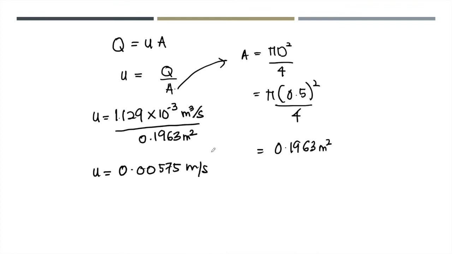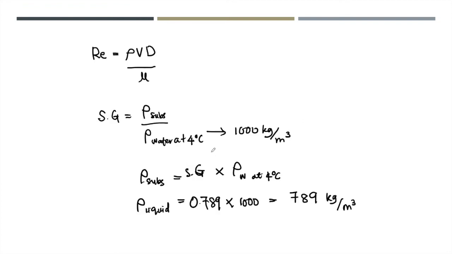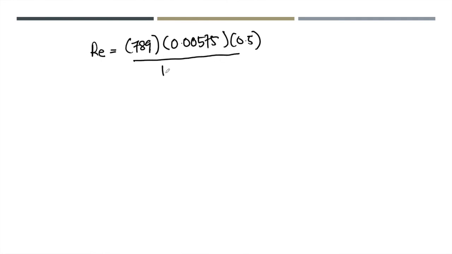Next, we will directly substitute all this information into the Reynolds number equation, because the diameter and dynamic viscosity are already given in the question. So your Reynolds number equals 789 times 0.00575 times 0.5 divided by 1.19 times 10 to the power of minus 3.